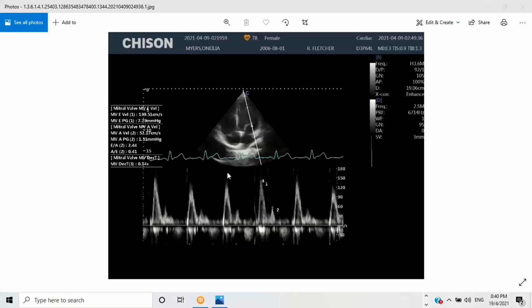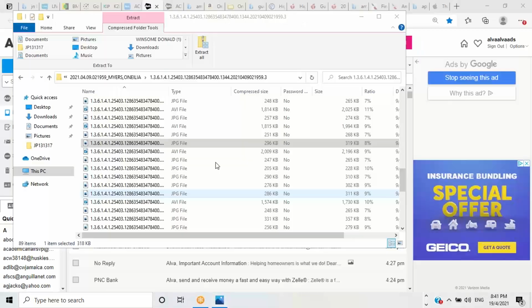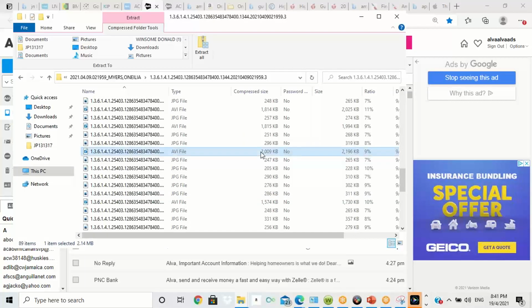So you get E velocity, A velocity, E velocity, A velocity. It's a diastolic flow from the end of the T wave to the QRS, and it's above the baseline. So that's your mitral inflow. It's a pulsed Doppler measurement.